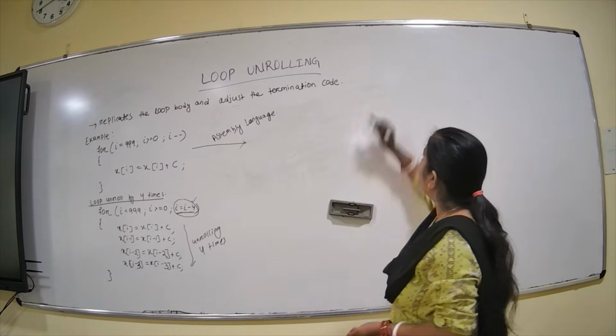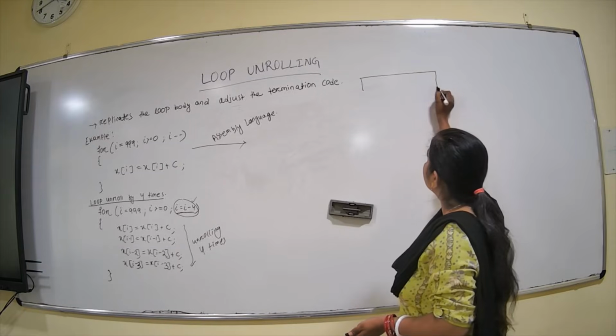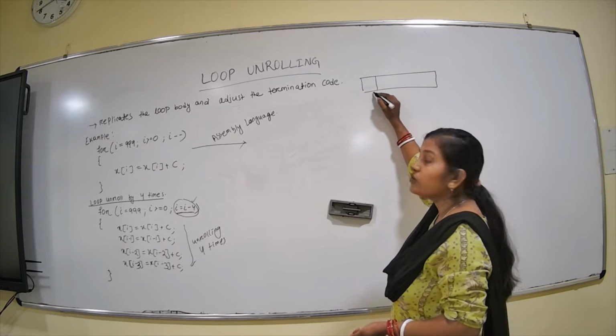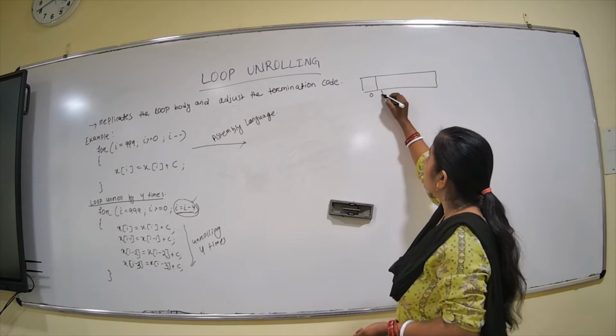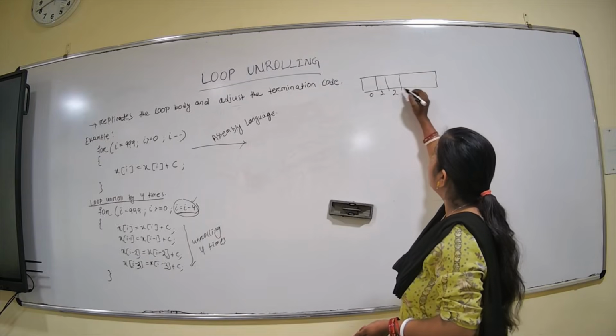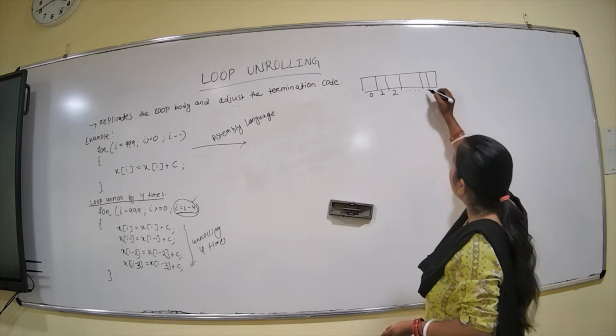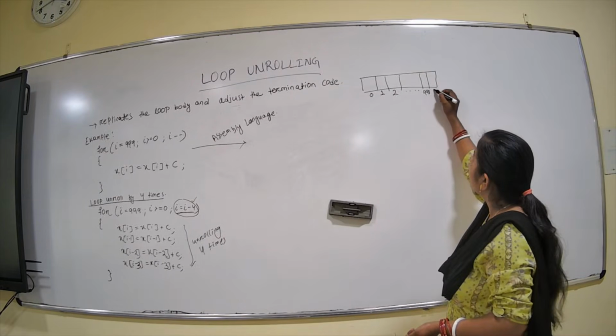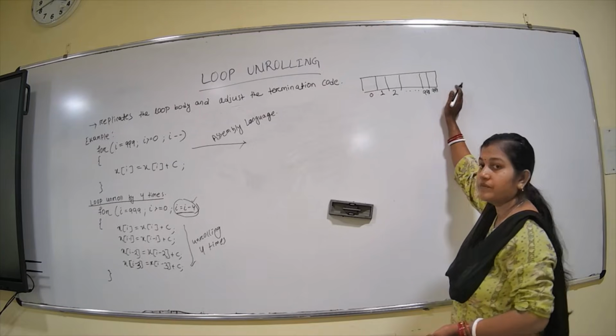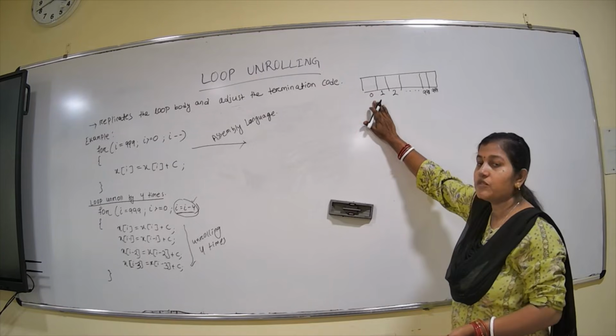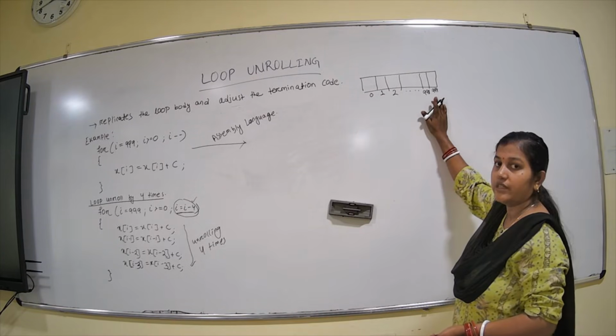Let's say we have an array whose starting index is 0, 1, 2 and so on up to 999. That means the index goes from 0 to 999.